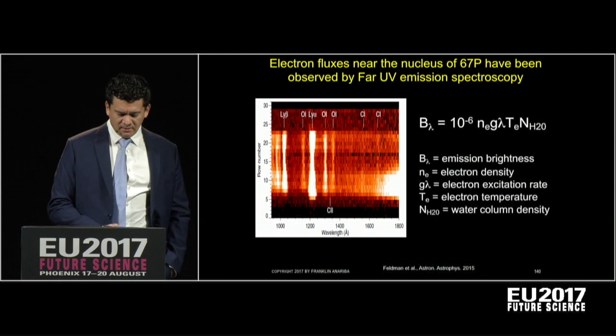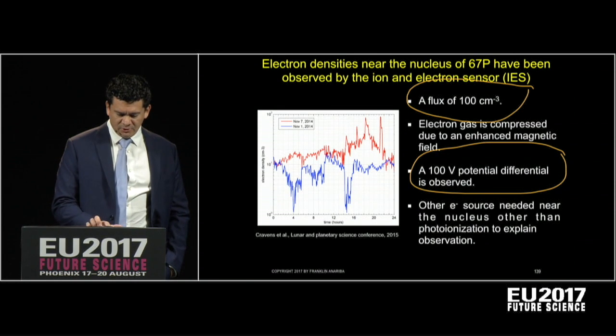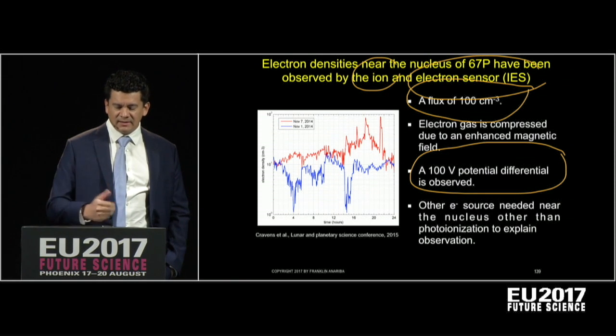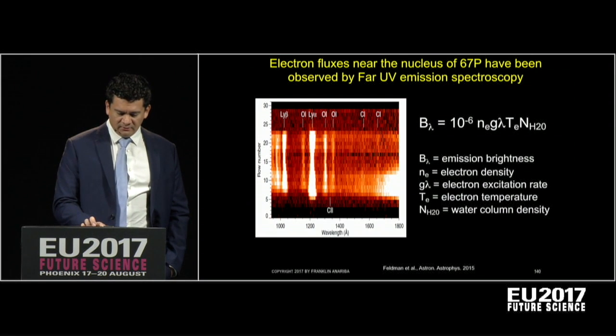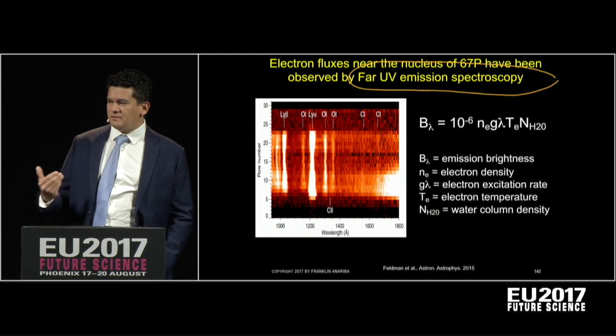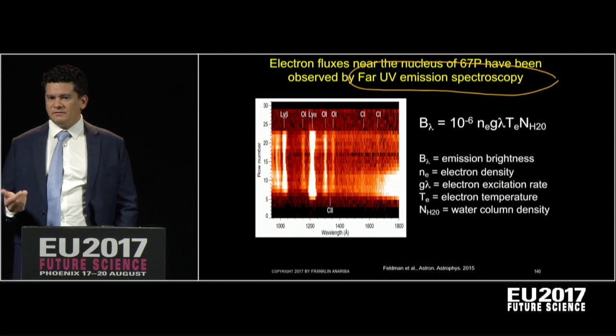And so in the previous slide, we used an electron sensor and an ion sensor to detect directly. I really like that, we're actually sensing these ions. In this case, we are presenting work that uses UV emission spectroscopy. It's a different technique, and I really like that you have different techniques corroborating the same phenomena.